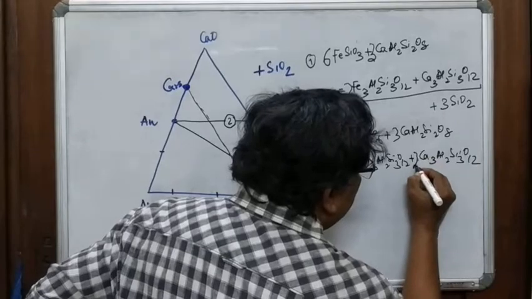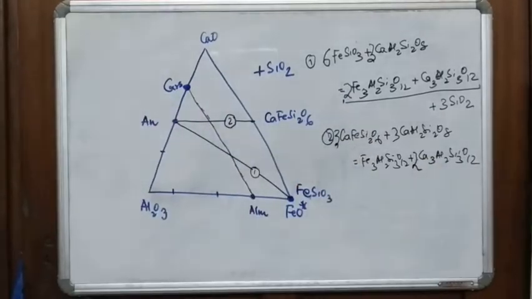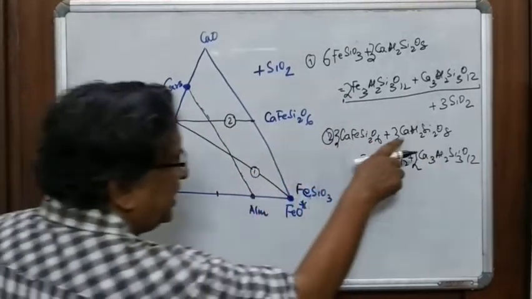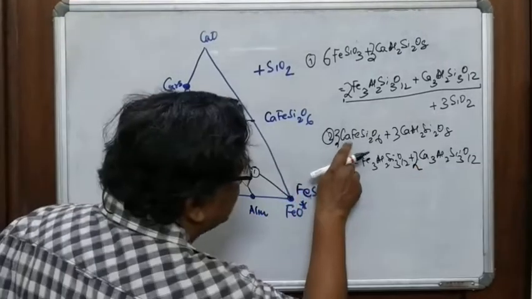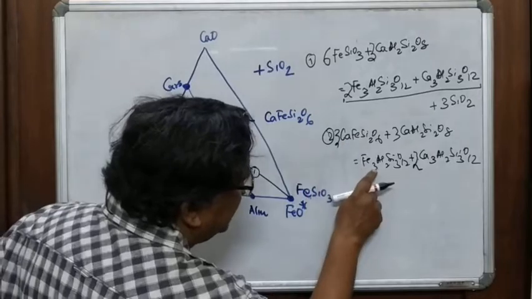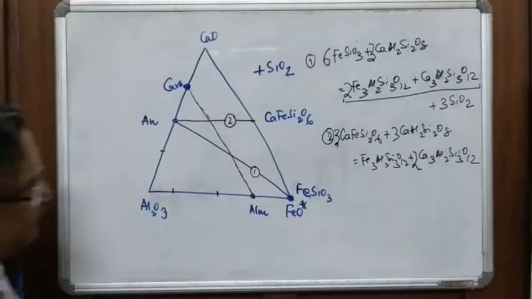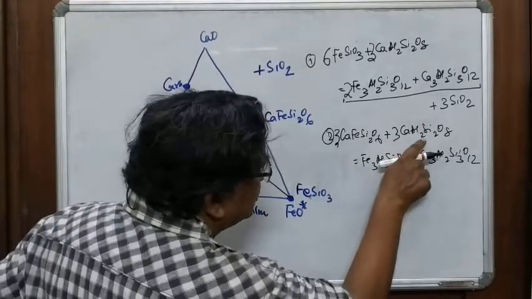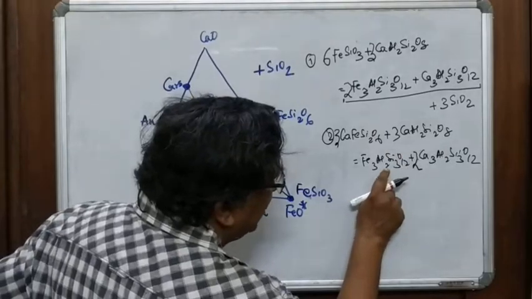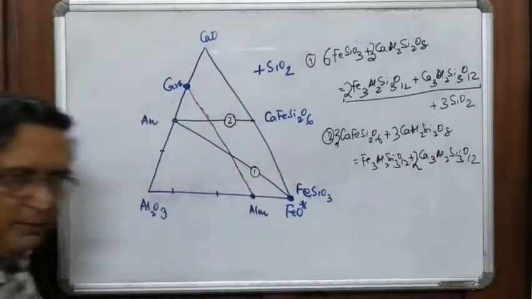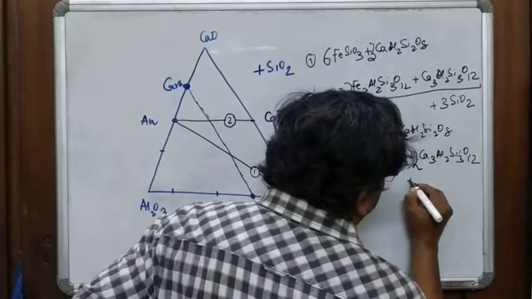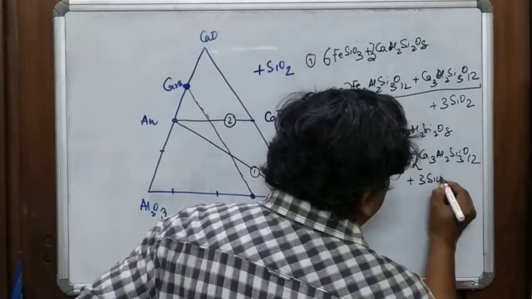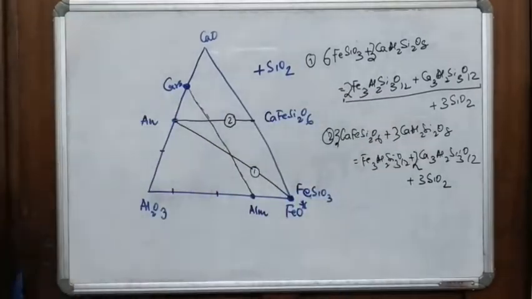This will be 2 grossular here. Calcium is balanced, 3Ca plus 3Ca, and this is 6Ca. And your iron also becomes balanced because here you have 3 iron. I have 3 iron here. Aluminium, you can see 3 into 2, 6 aluminium. Here it's 2 aluminium plus 2 into 2, 4 aluminium. So aluminium is also balanced. And if you do it carefully, you will see you will have plus 3 SiO2.